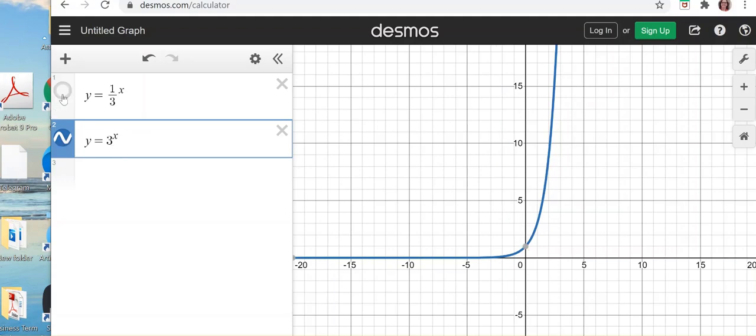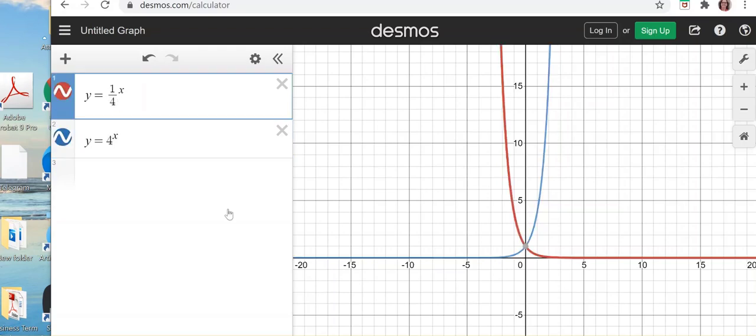So this here is the parent function, okay, and then it is reflected in the y-axis if it is a third. So if we change this to 4 and we change this to a quarter, we would see a reflection.